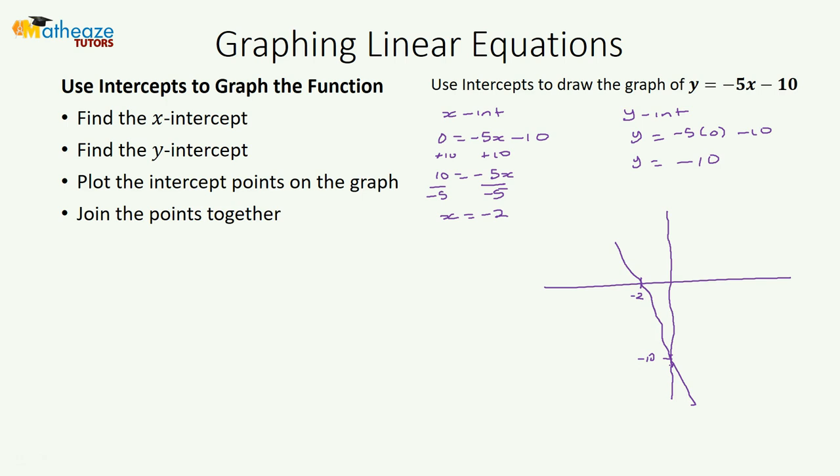So this is the graph of y equals negative 5x minus 10. When you're drawing this, you can probably use a ruler or some straight edge to join those points together. So this is how you graph linear equations. Just as a recap, find the x-intercept and y-intercept, plot the points on the graph, and then join the points together, and you have your graph.